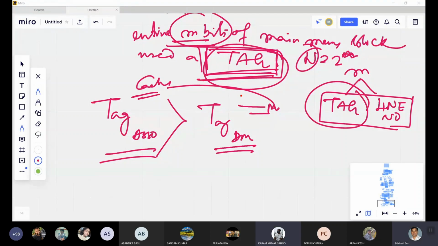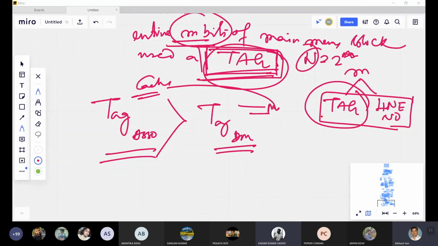And if in direct mapping there was an empty line in the cache and we got a memory block, then we can't put it there if the modulo is not matching. But here we can fill the cache even if there is some space. I'm not clear on this point. Can you elaborate a little bit?